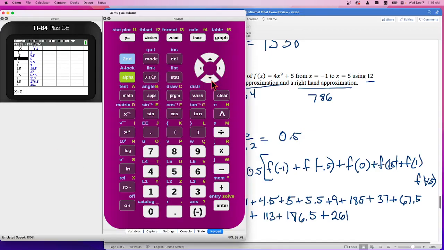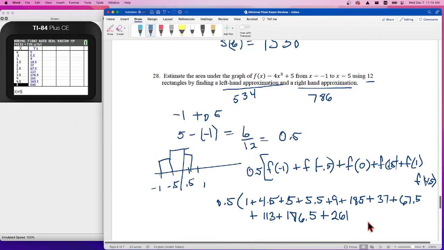So I have to arrow down. Now I don't use 5, right? Because I'll use that only on the right-hand side, looking at those rectangles. But plus 389.5.